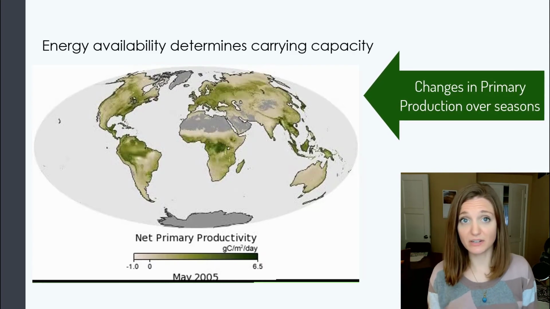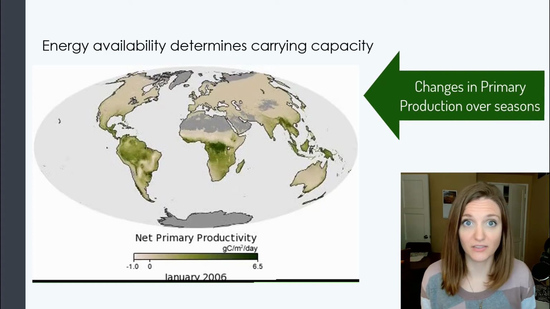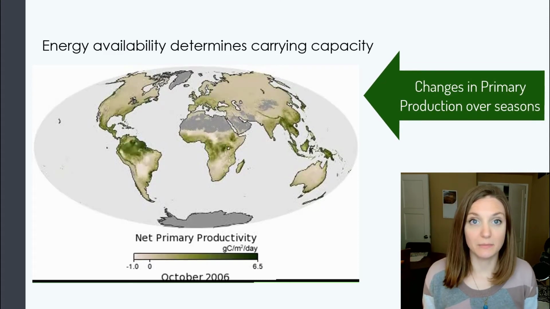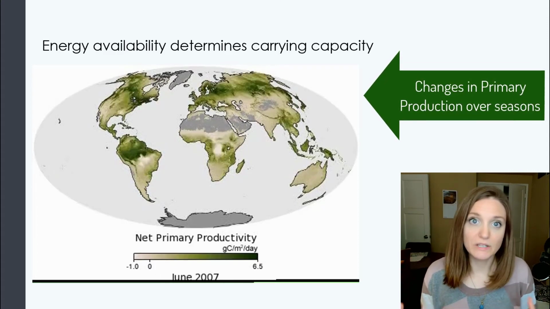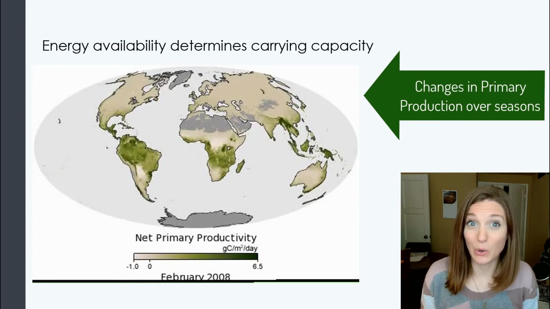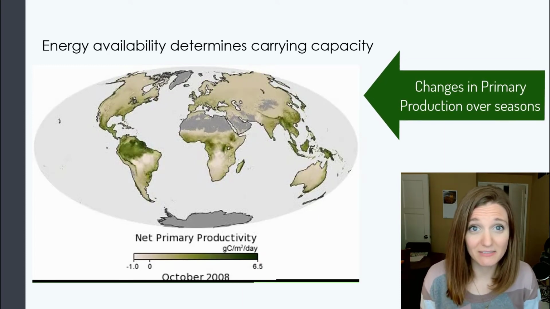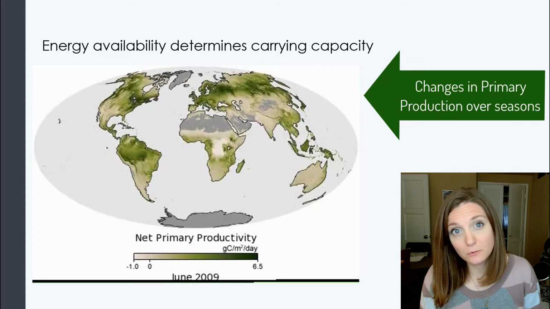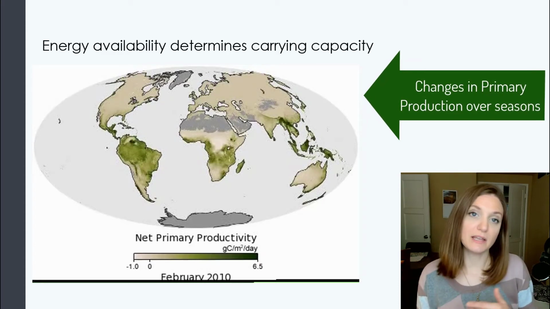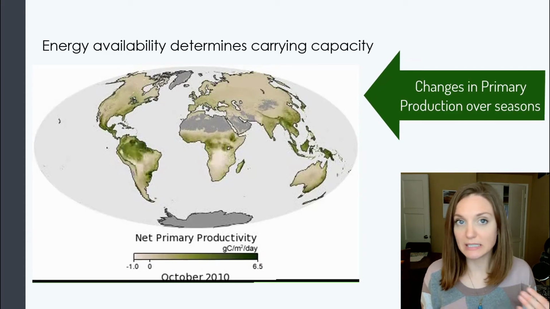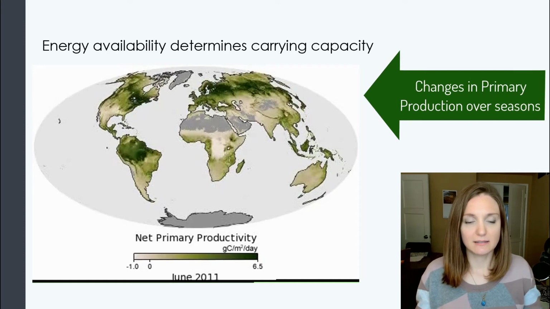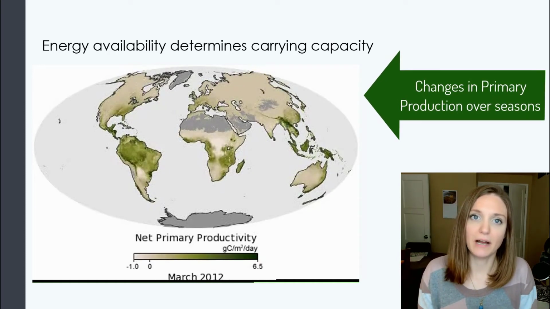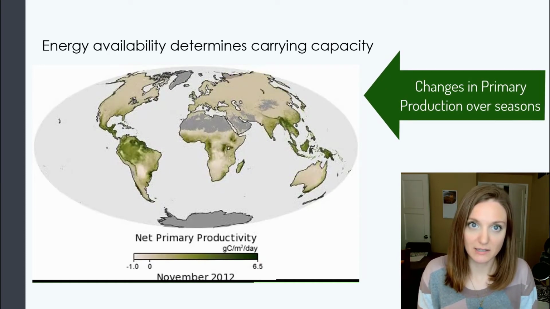In the northern and southern hemisphere, that's typically going to be the winter season. Winter is when it's usually colder, there's not a lot of plant life growing, so there's not a lot of food available. In a population that experiences multiple seasons, typically the carrying capacity is set by the winter season.